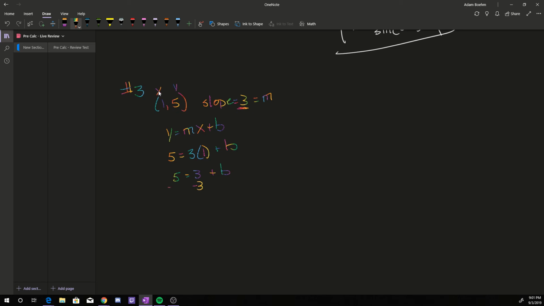Subtract 3 from both sides. 5 minus 3 is 2. 3 minus 3 is 0. So all you're left with is b. So now we have a b, an m, and our equation. Put all this together, you get y is equal to 3x plus 2.